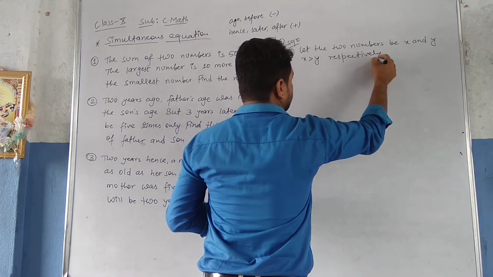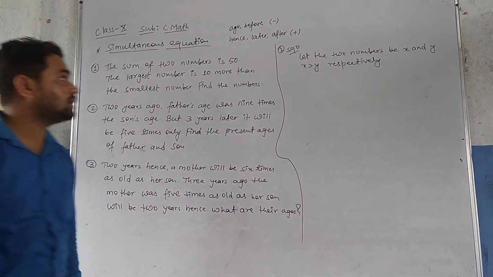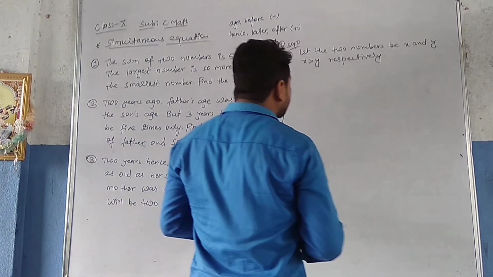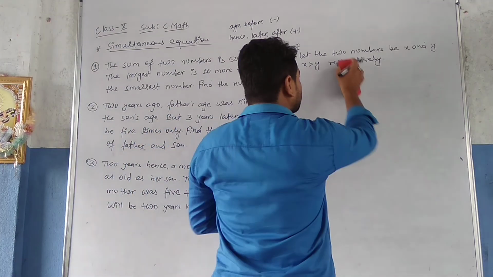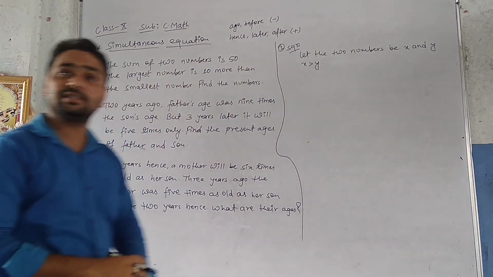Let the two numbers be x and y. X is greater than y, so no need to write this respectively. Up to this only is sufficient.